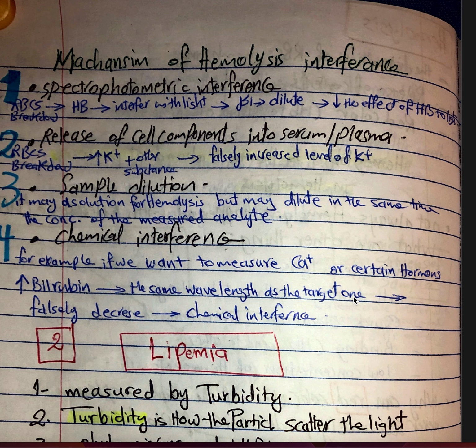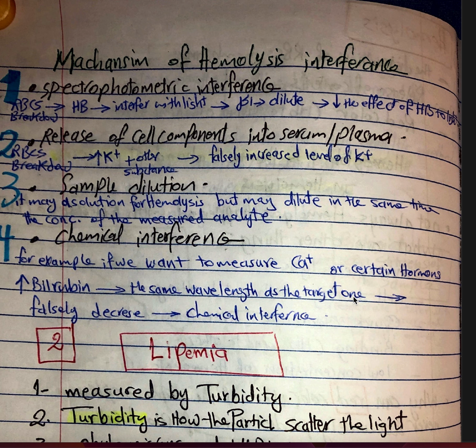So I can say, falsely positive or negative results of the analyte due to the release of the cell components due to the hemolysis. Then sample dilution: it may contain a solution of hemolysis, but at the same time hemolysis dilutes the concentration of the measured analyte.